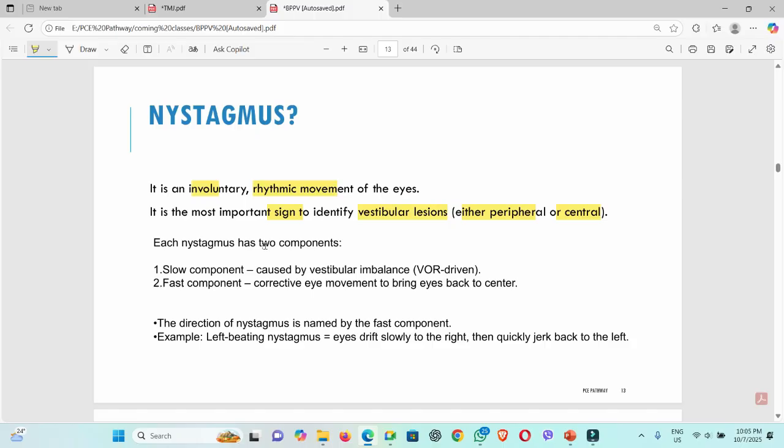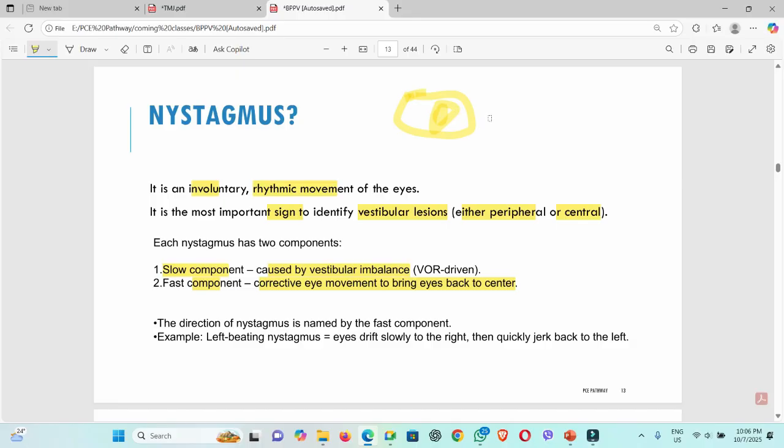Each nystagmus has two components. Now, we're talking about rhythmic movement of the eyes, basically the eyeball. Each nystagmus has two components: a slow component caused by vestibular imbalance, and a fast component, a corrective eye movement bringing the eye back to the center. This is the eye.